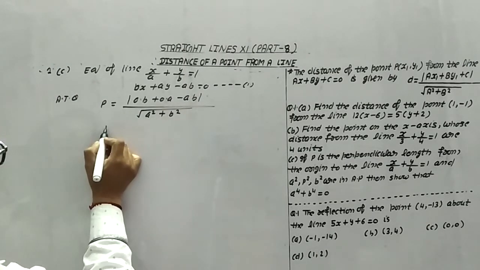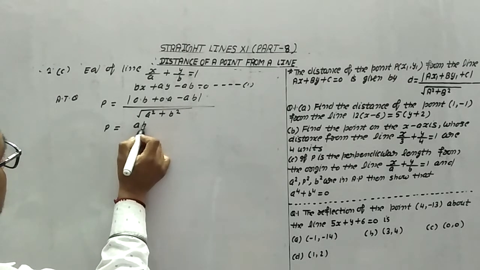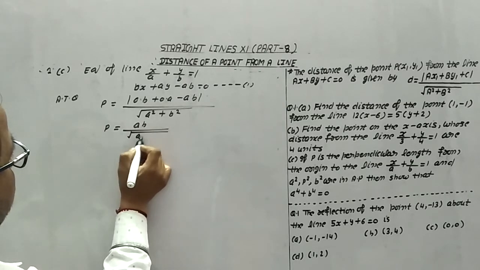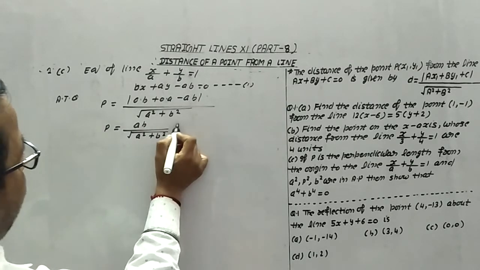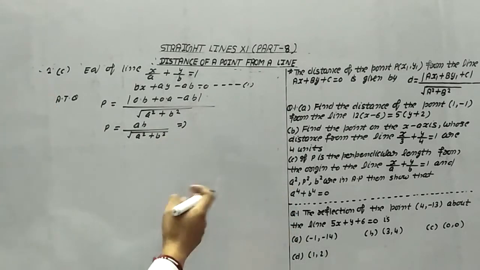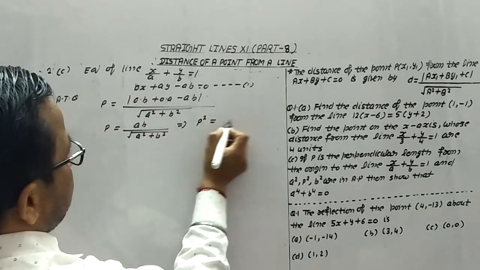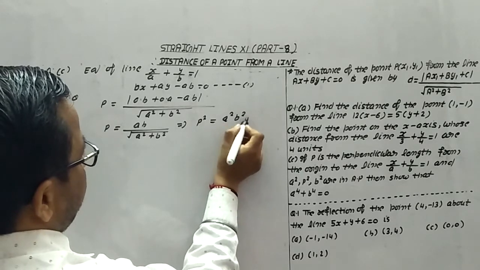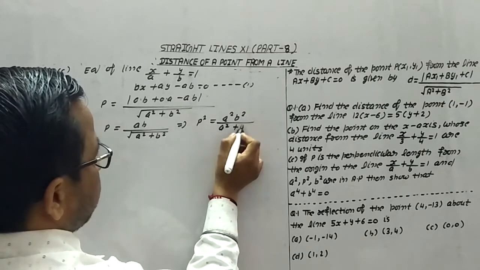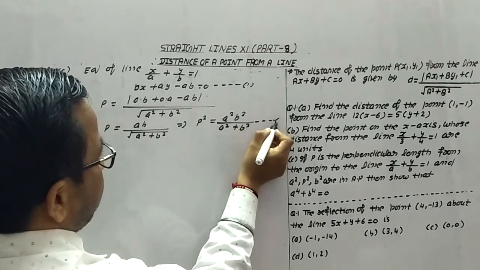So p is equal to ab upon under root a square plus b square. Now square both sides, because we want p square. So p square is equal to a square b square upon a square plus b square. This is equation number 2.